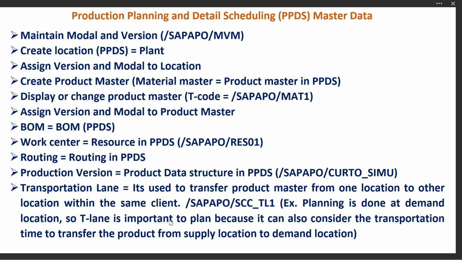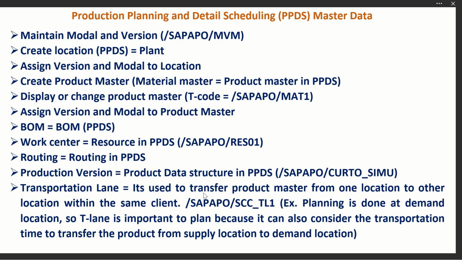Planning is done at the demand location. So the T-lane is important to plan because it can also consider the transportation time to transfer the product from the supply location to the demand location. For example, suppose I have planned the material in Australia, but I don't have a manufacturing unit there. I have a manufacturing unit in America.